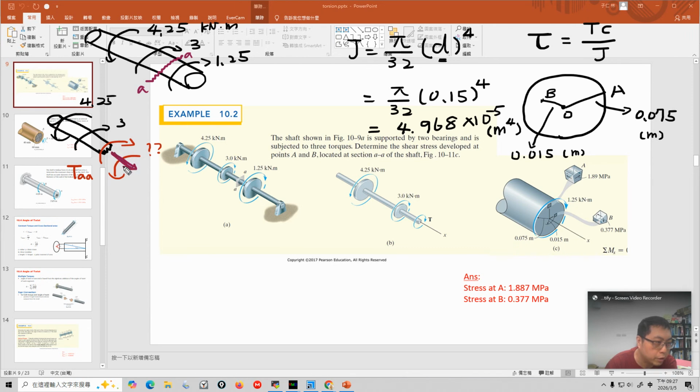If it points outward to the surface, which rotation should we choose? I think it's this one.